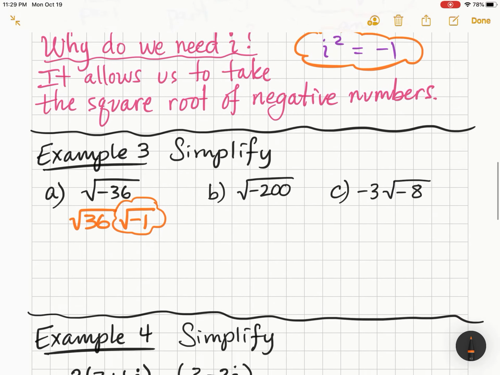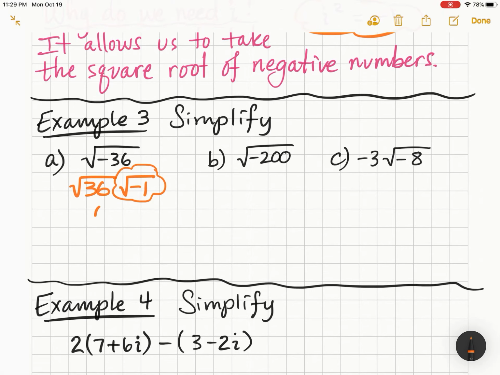We just learned, it is i. So now what I have is 6i. So the square root of -36 is 6i. It's imaginary. And what you're going to find when we start solving quadratic equations, when they have imaginary solutions, that means no x-intercepts. So this is going to be a really big deal.